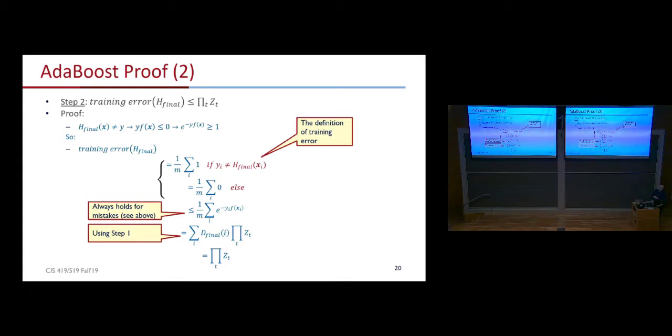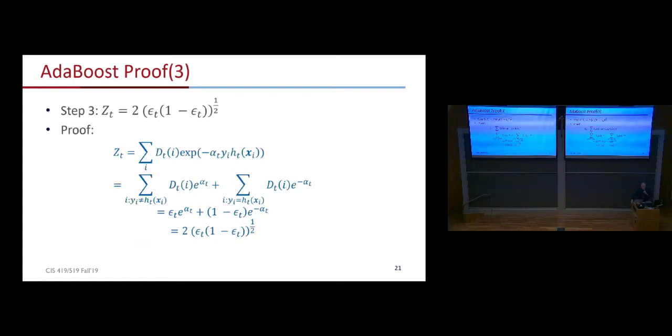Right. So look at this sum here. This one is just a constant. Take it outside of the sum. So you have a constant, which is the product of all the Z_t's, times the sum over all examples of the distribution of i. This has to be 1. It's a distribution. And therefore, we get this. So that's the next step.